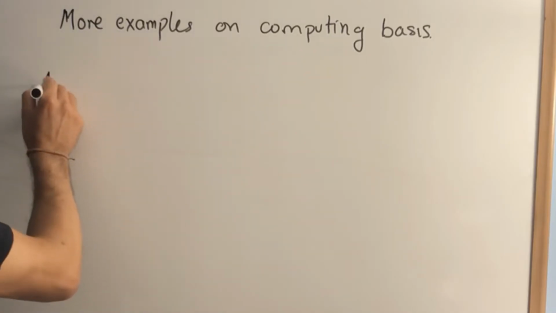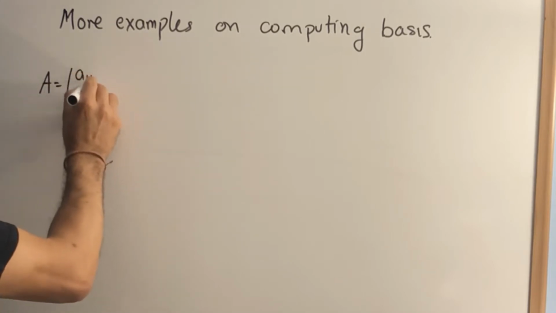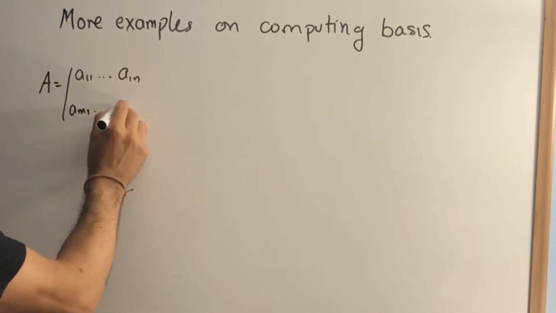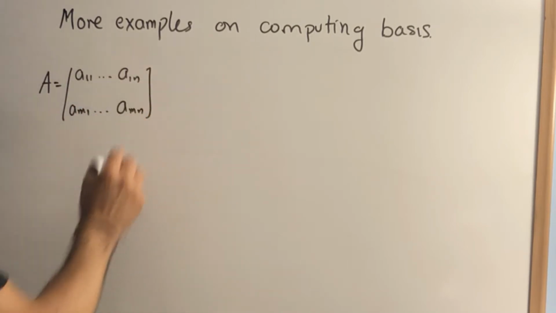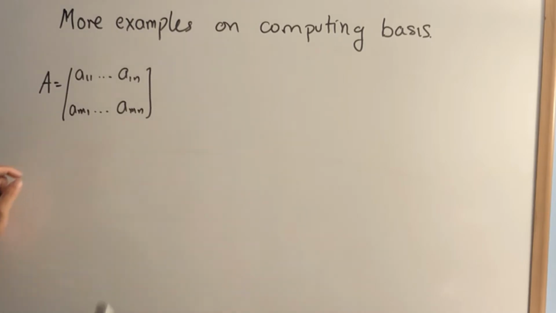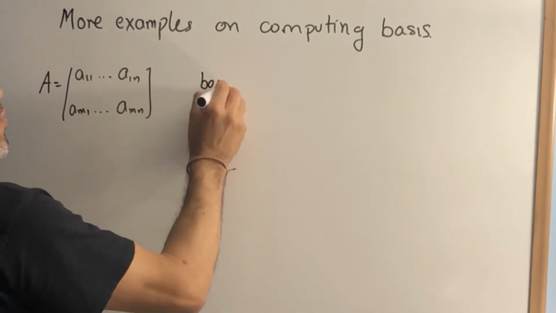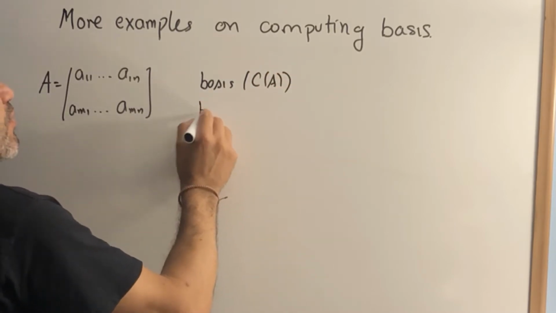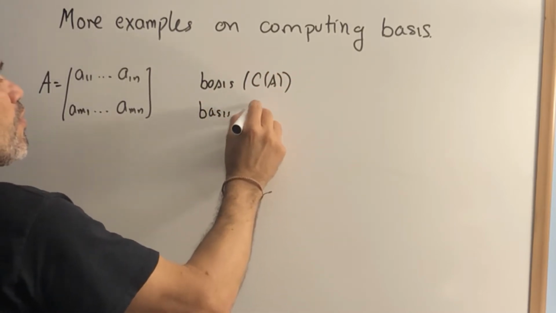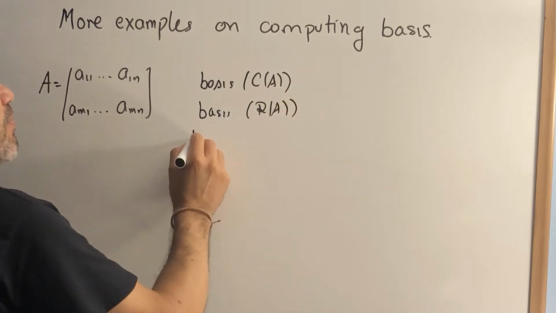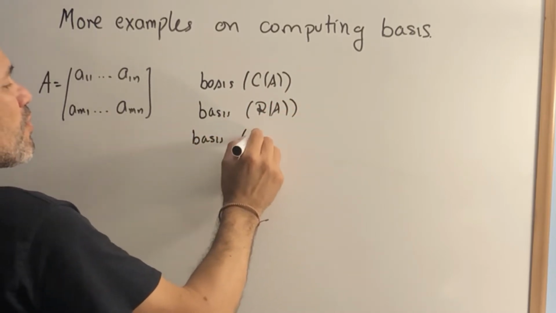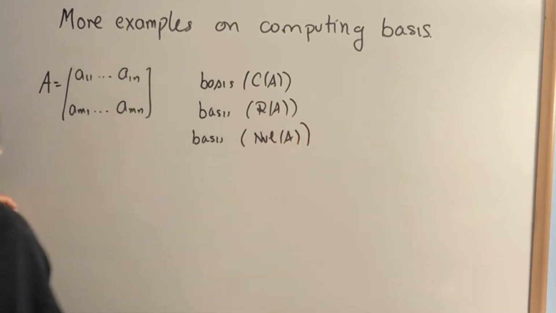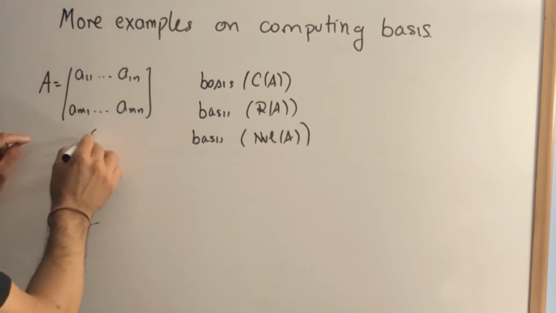Given a matrix A, with entries A11 through A1n and AM1 through AMN, we already know how to compute a basis for the column space of A, a basis for the row space of A, and a basis for the null space of A. Remember, what we do is row reduction.